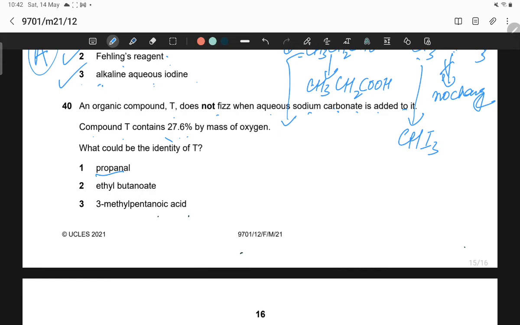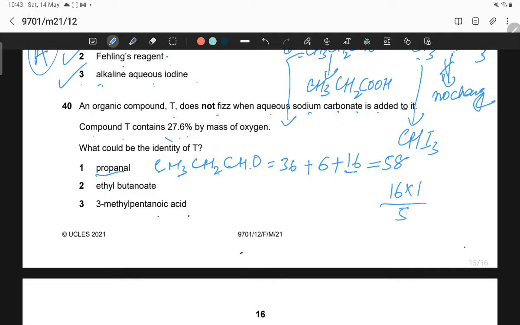Propanal is CH3CH2CHO. 12 times 3 is 36, plus 6 hydrogens, plus 16, so this is equal to 58. Now calculate the percentage composition of oxygen: 16 divided by 58 times 100, which is equal to 27.6.